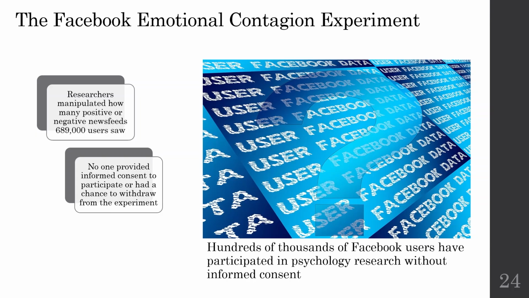What's really interesting here is I think you can see, is this okay? Was this okay to do? Maybe not. You might be able to make the argument that no harm actually came to them. It was just news that would be shown to them one way or the other. But I think most people take away from this that this really isn't okay to do, right? Manipulating people in this way without their consent is not an ethical standard in terms of research.